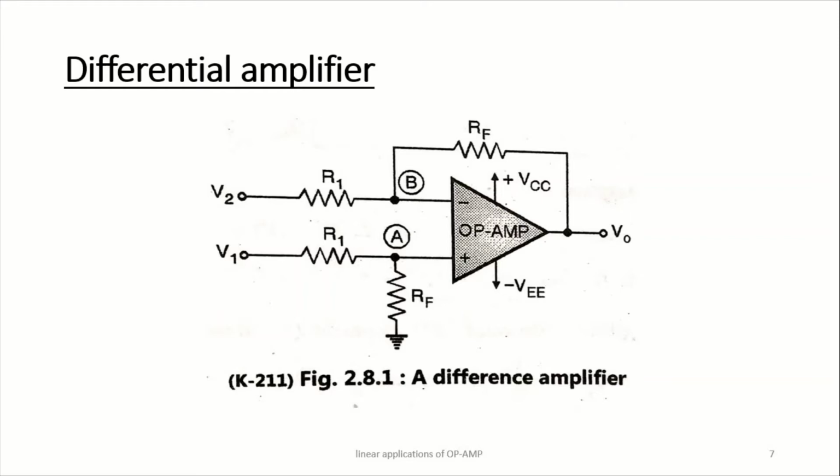We already discussed the differential amplifier with the ideal op-amp. Now we will look at one of the basic blocks used in the instrumentation amplifier. The differential amplifier is used to obtain the output proportional to the subtraction of the two input voltages. The circuit diagram of the differential amplifier using an op-amp is shown in the figure.